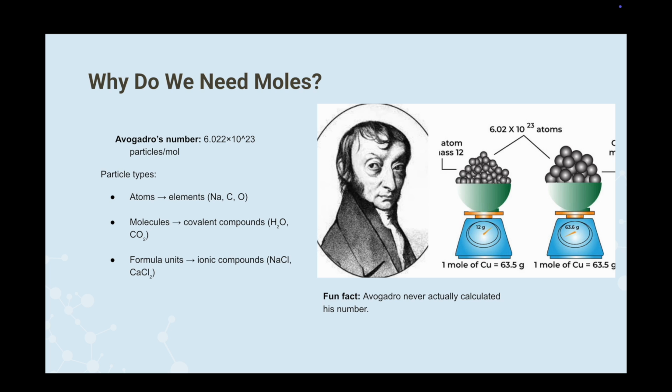If you have a covalent compound like water or carbon dioxide, you're counting molecules. 1 mole of water contains 6.022 times 10 to the power 23 molecules. If you have an ionic compound like table salt, you're counting formula units, the smallest repeating unit of the compound. 1 mole of salt contains 6.022 times 10 to the power 23 formula units of NaCl.